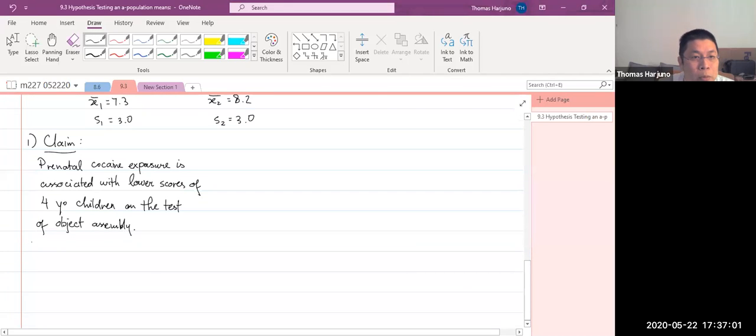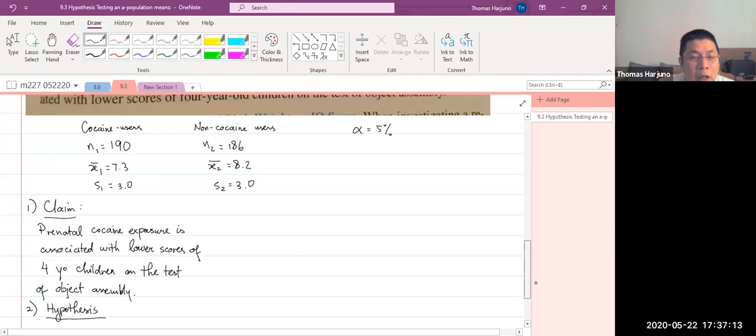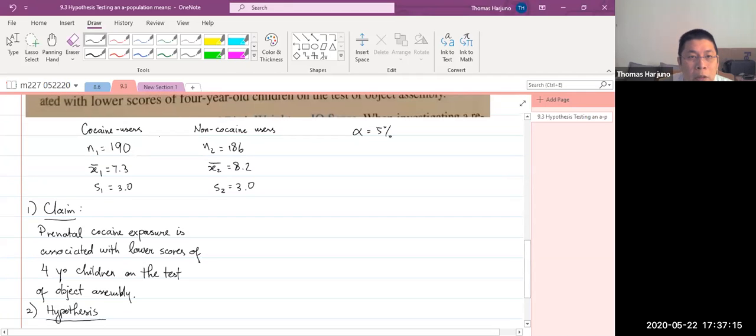Step 2, hypothesis. Now, in my data, when I organize the data, my group 1 is associated with cocaine users, and my group 2 is the non-cocaine users. Let me call this group 1.